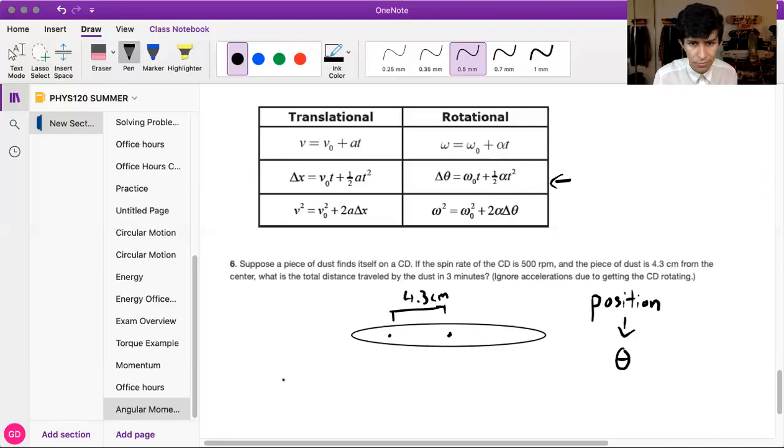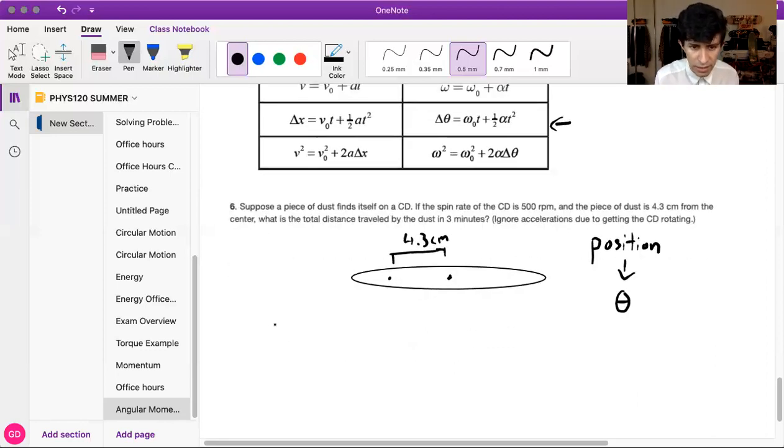Normally how I would write it is theta final is equal to theta initial plus omega naught t plus 1/2 alpha t squared.